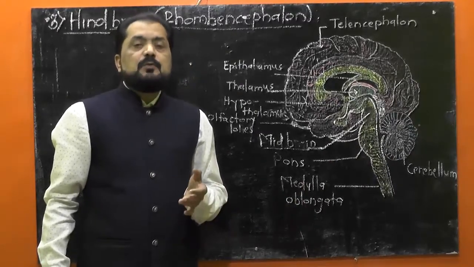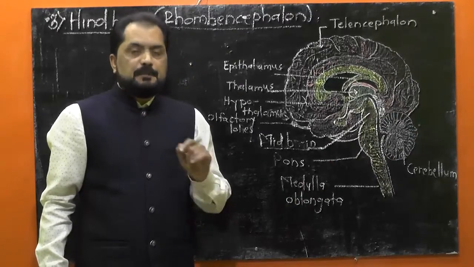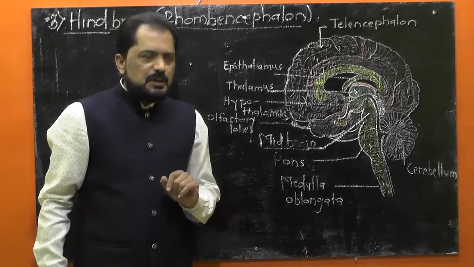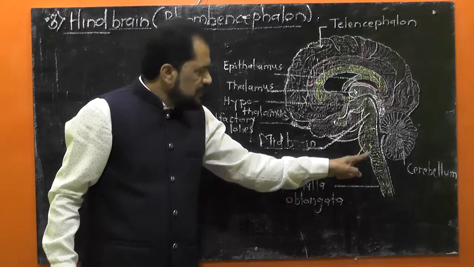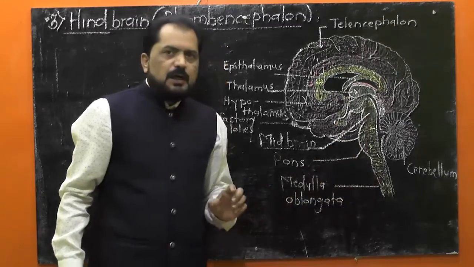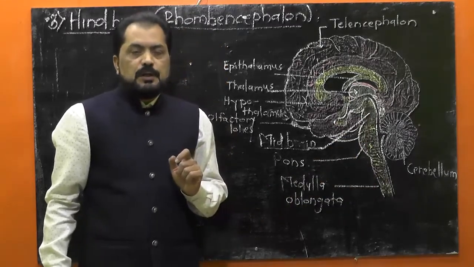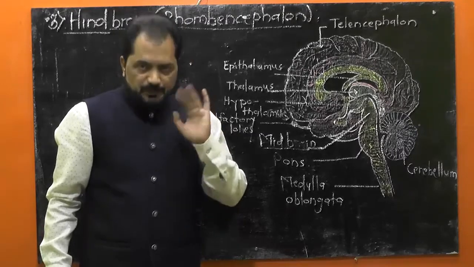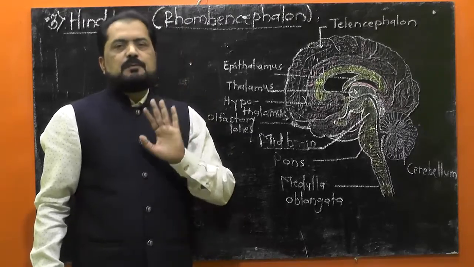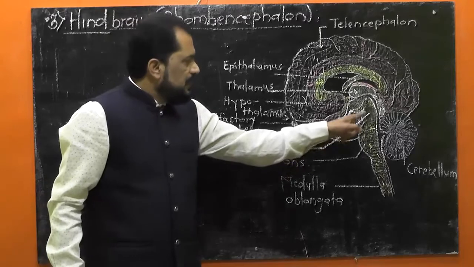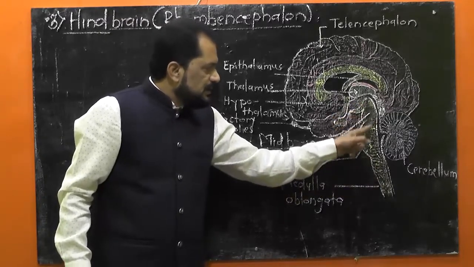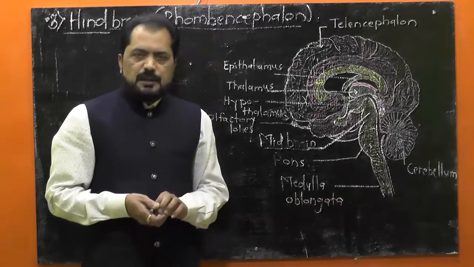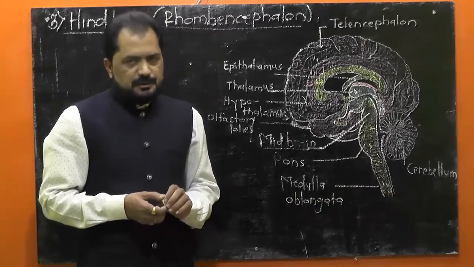Friends, just now we have completed the study of midbrain. I would like to tell you that the midbrain, pons and medulla oblongata are also together known as brainstem. आपल्याला ही गोष्ट पण माहित पाहिजे की मिडब्रेन, पॉन्स आणि मेडुला ऑब्लॉंगेटा या तिन्ही भागांना एकत्रितपणे ब्रेन स्टेम असं म्हणतात.